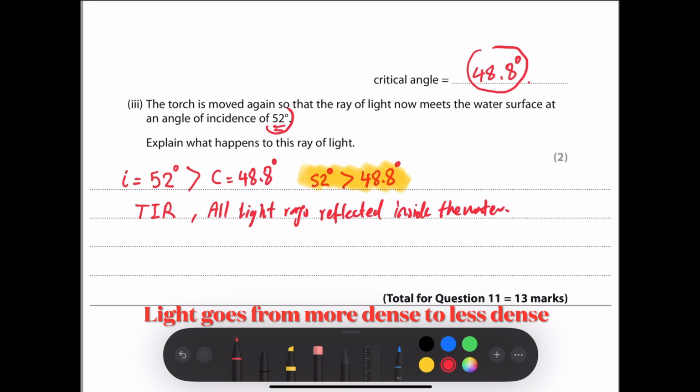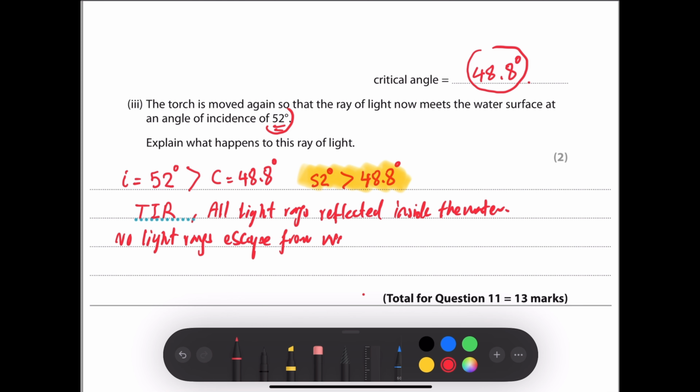We have total internal reflection. It means no light rays escape from water. I deserve 2 marks. That's it, we have explored the refraction, total internal reflection, and how to calculate the critical angle.